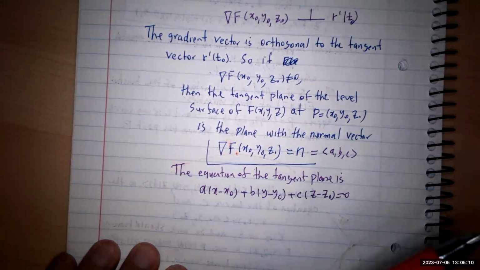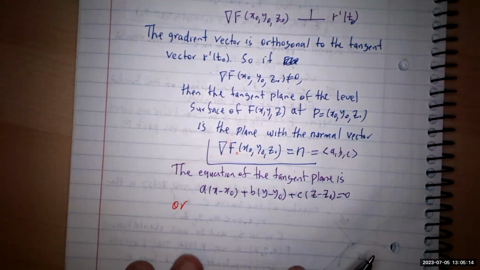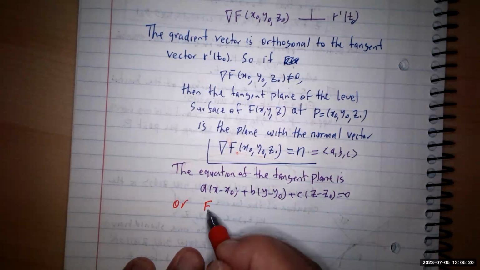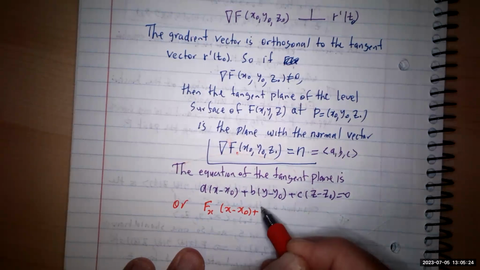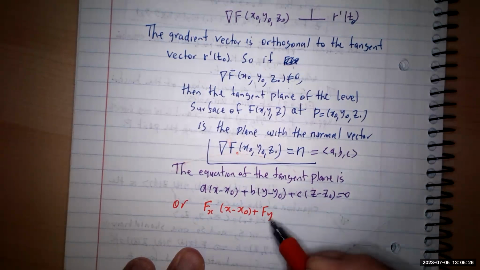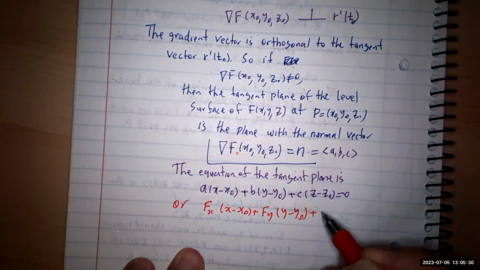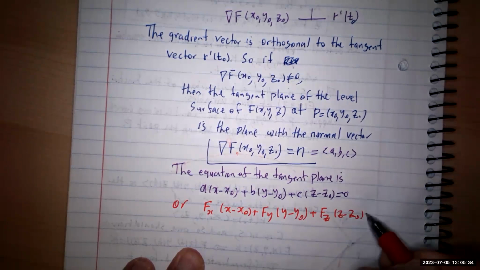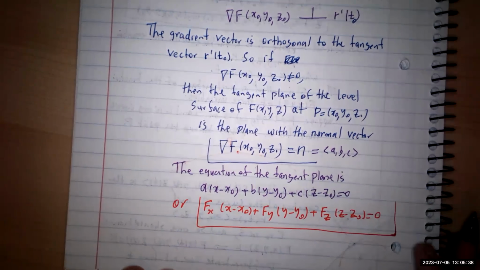Or in the language of what you have over here, it's f sub x times x minus x0, plus f sub y times y minus y0, plus f sub z times z minus z0, equal to 0. And this extends the original formula that we have.